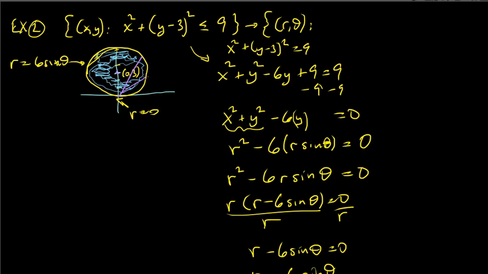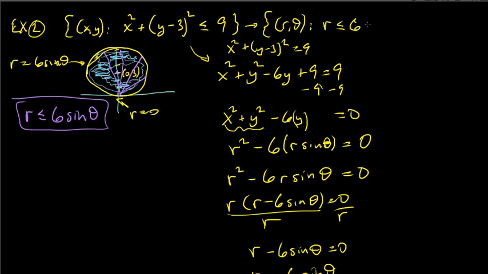So everything less than that is going to be in the disk, right? So to get the disk, all we really need to do here is write r is less than or equal to 6 sine of theta. So that's the answer: r has to be less than or equal to 6 times sine of theta.